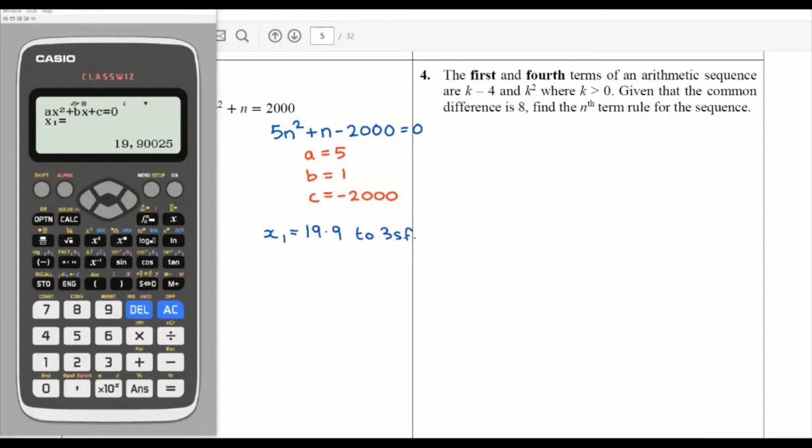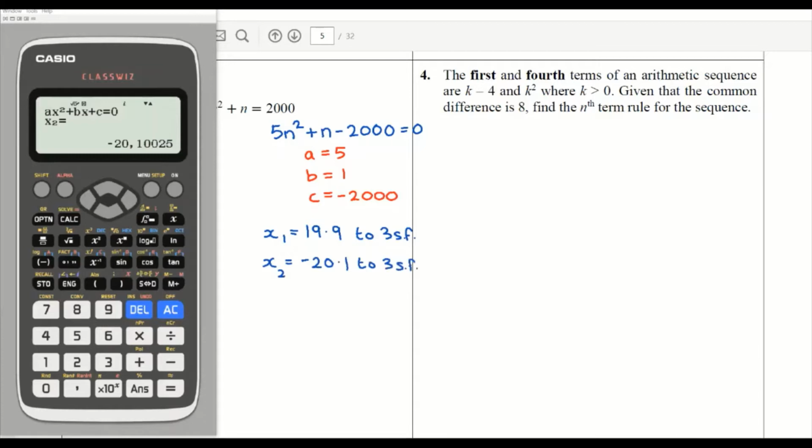And our second solution, which is x2, so that's going to be negative 20.1 to 3 significant figures.